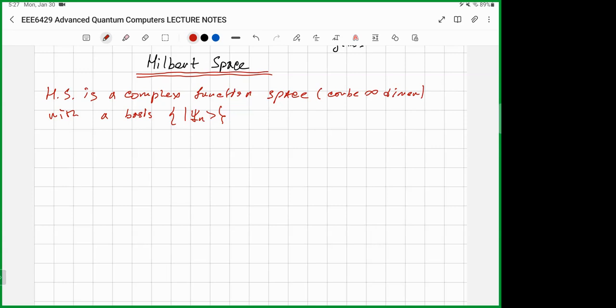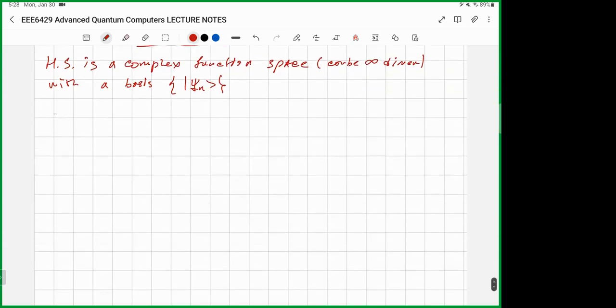And yeah, so in this space we introduce this basis of functions, and in this space we can represent any function, any state that belongs to this space, as a series like this, Cn times psi n.